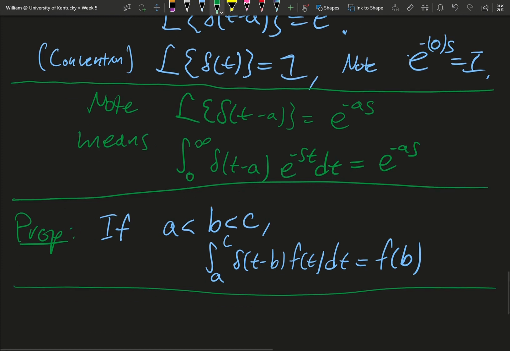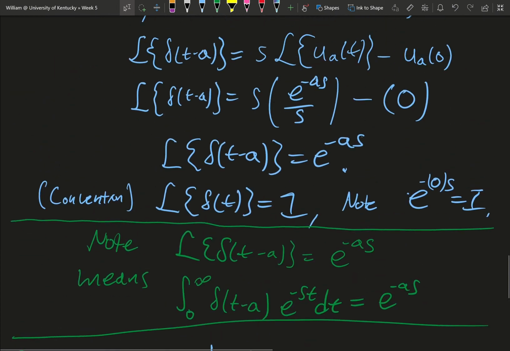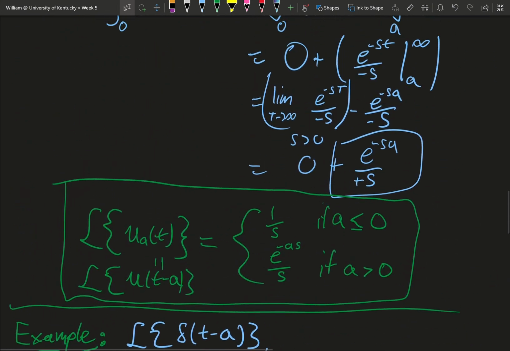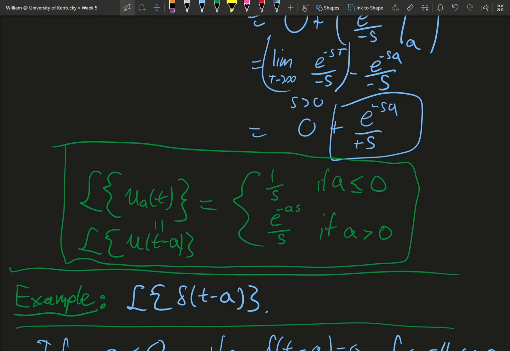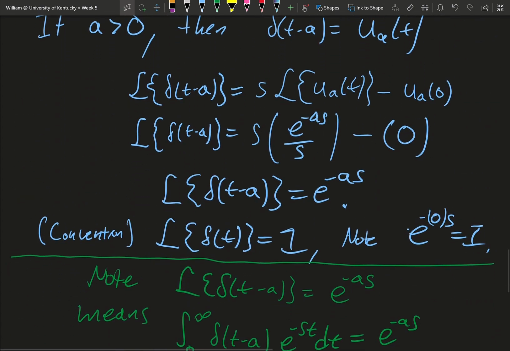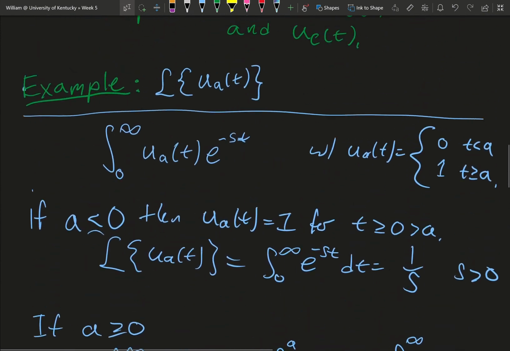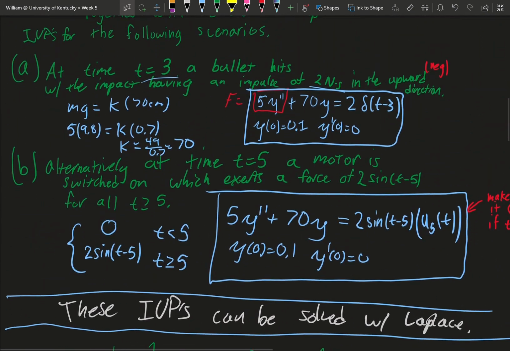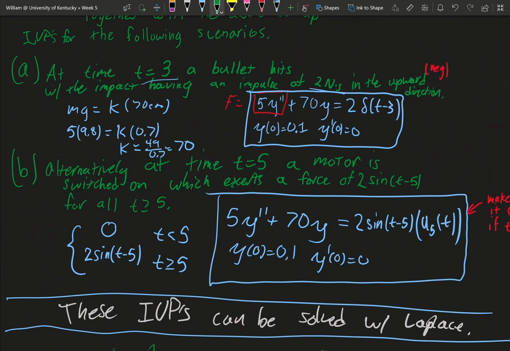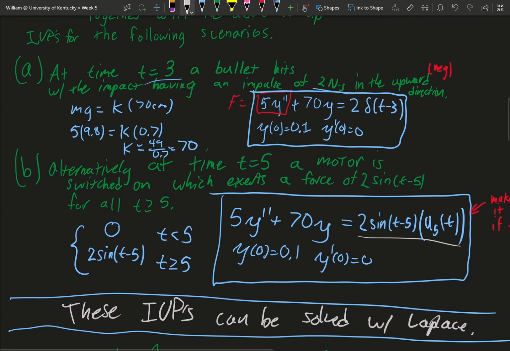Okay, so if we look back, we know the Laplace transform of the Heaviside function, we know the Laplace transform of the delta function. However, if we look back at one of our motivating examples, we don't need to just know about the Laplace transform of the Heaviside. We need to know what happens to the Laplace transform of the Heaviside times some other function.